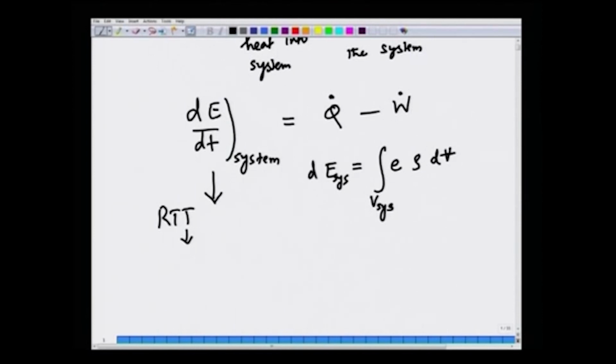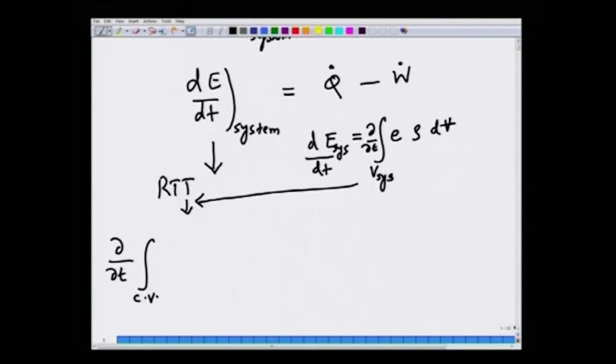We want d/dt of this. To do this, we use the Reynolds transport theorem, which will tell us that this is nothing but the rate of change of energy of the control volume.